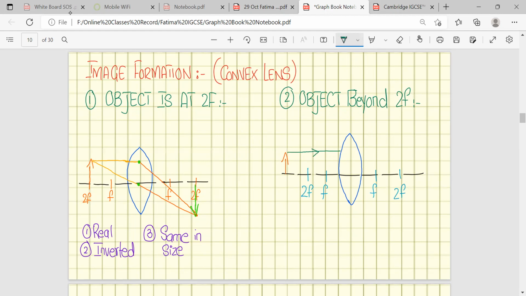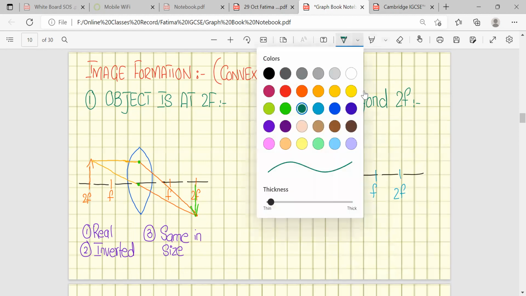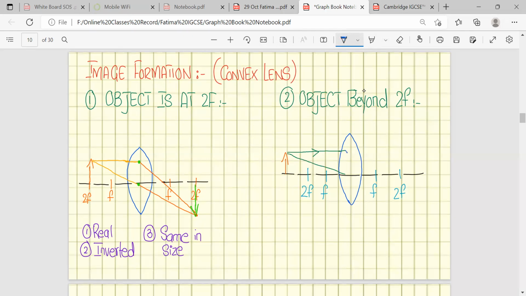Same orientation of rays. One is parallel to the principal axis and the second one is passing through the optical center, like this. So we will get the image of this object at this point, right?